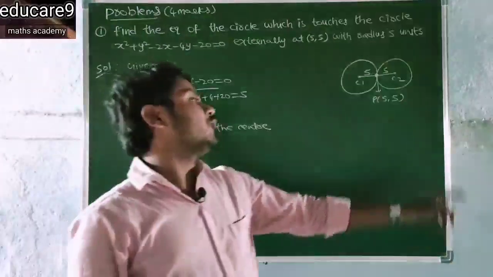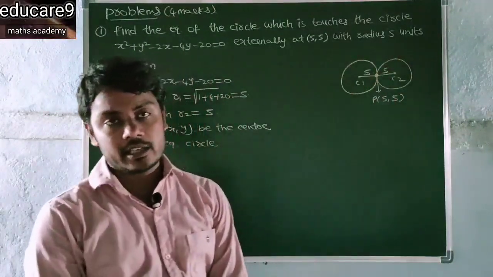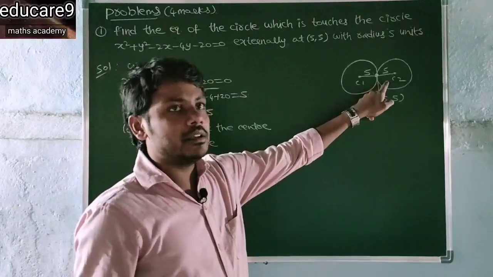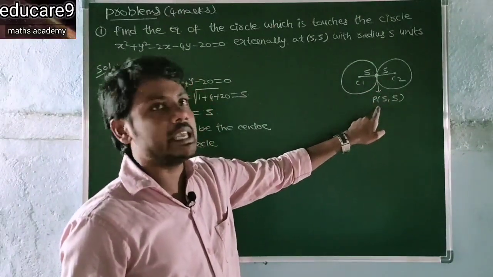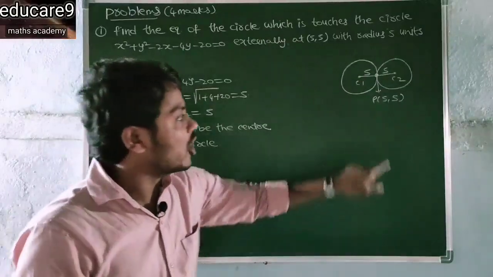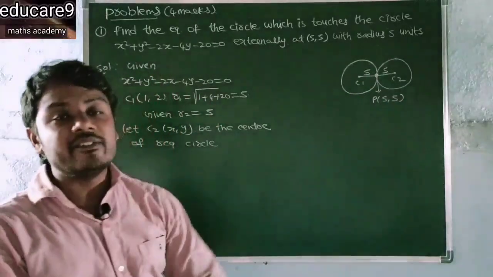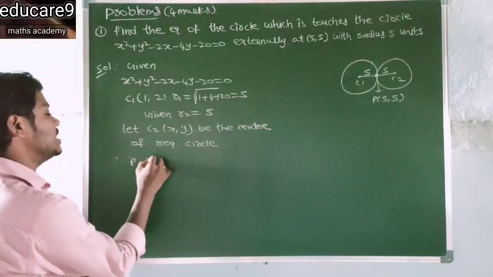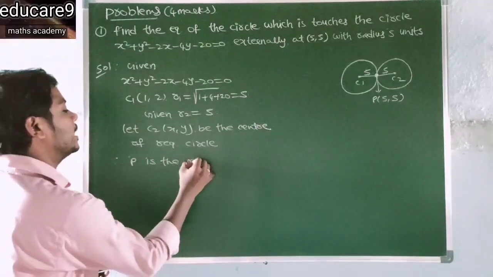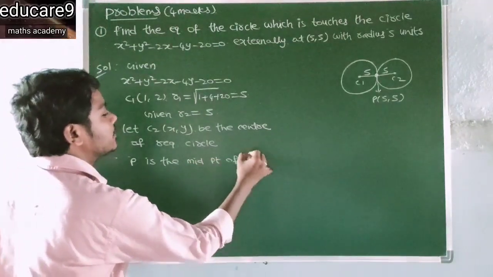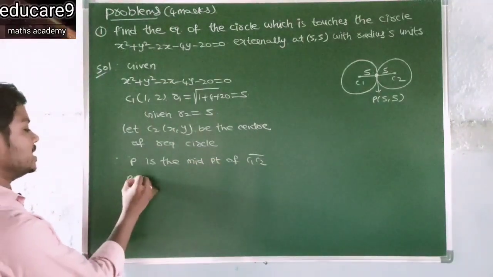So then you need to find the equation of the second circle. Your radius is 5. So clearly this point P is equidistant from center 1 and center 2. Therefore, P is the midpoint of C1 and C2.